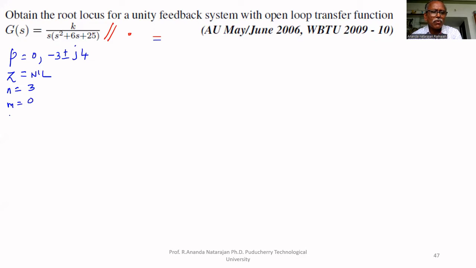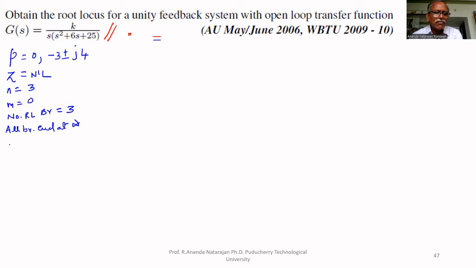So, number of root locus branches equal to 3, and all branches end at infinity.